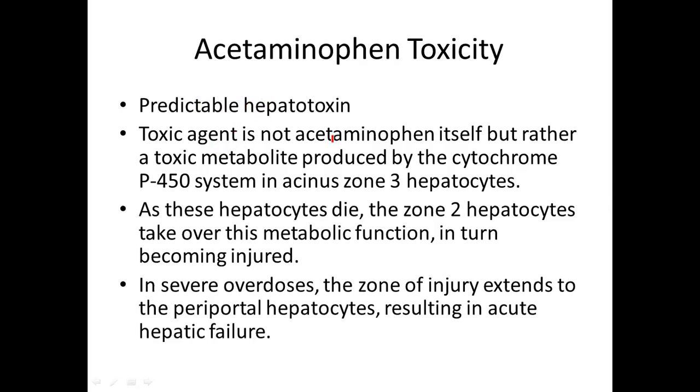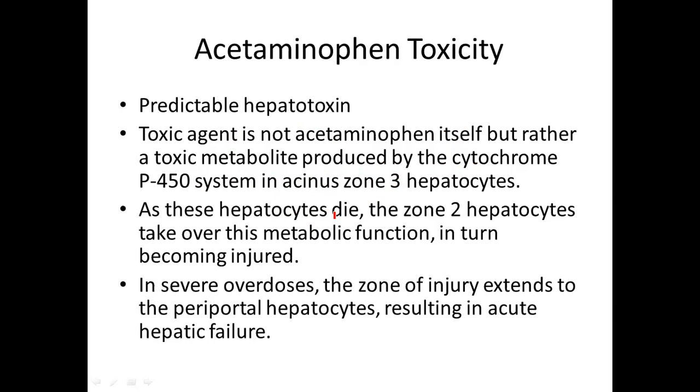The toxic agent of paracetamol is not the drug itself, but rather a toxic metabolite produced by the cytochrome P450 system, usually in the hepatocytes present in zone 3. Zone 3 means the hepatocytes present along the limiting plate.